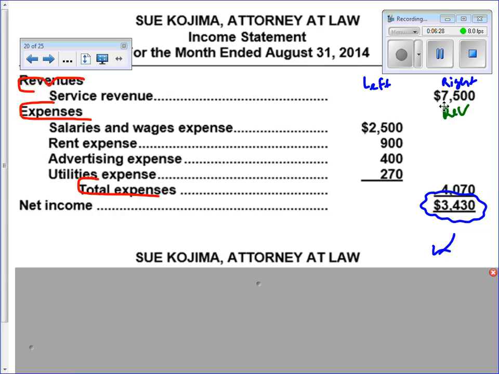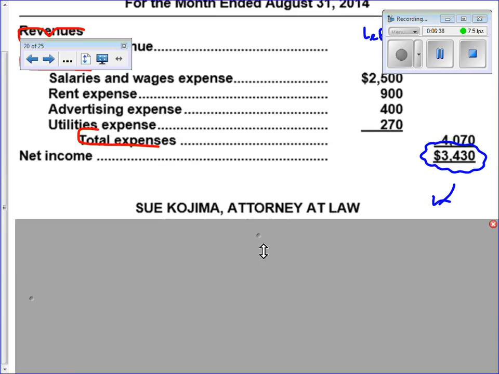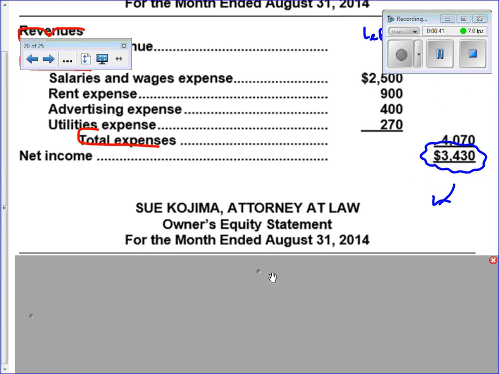Okay, let's give the statement of owner's equity, or owner's equity statement, a whirl here. Like an income statement, it talks about a time, a month ended.